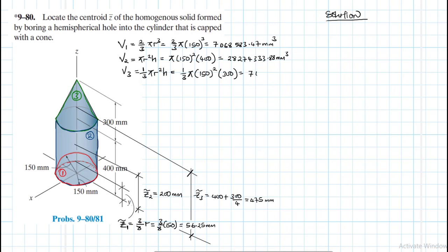So we have 7,068,583.47. How come we have the first similar to the other one?